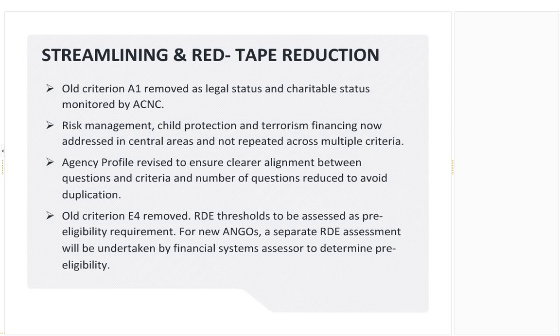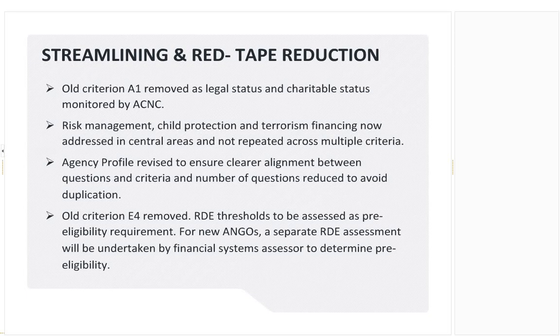But going back up to the second dot point, again, as Rebecca said, there were a couple of cross-cutting areas that featured in a number of criteria in the old framework. So in the new framework, responding really to much of the feedback from NGOs, we sought to consolidate those areas in single criteria.